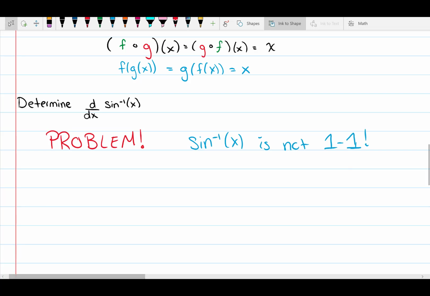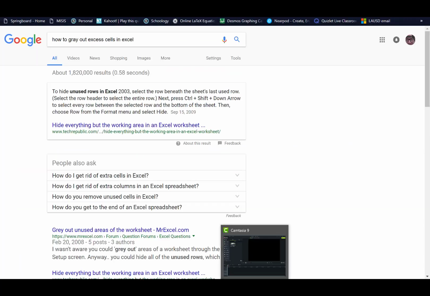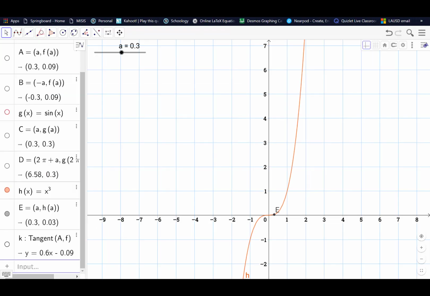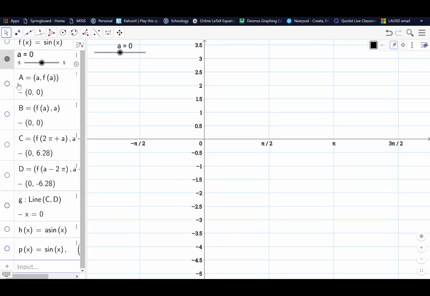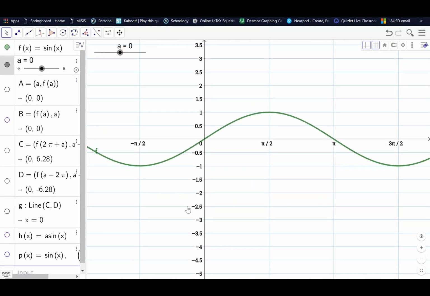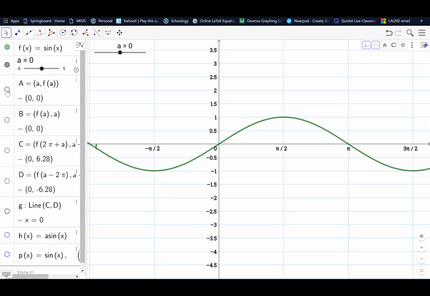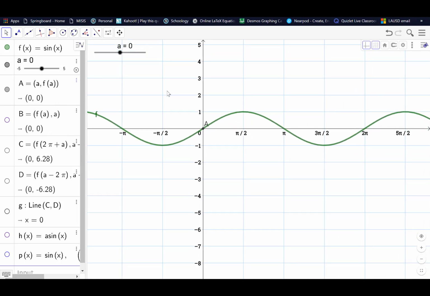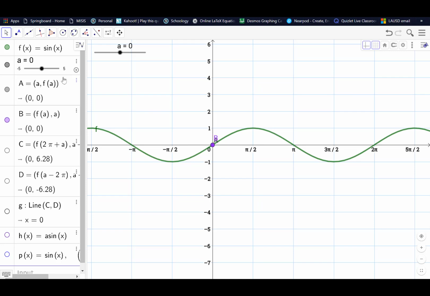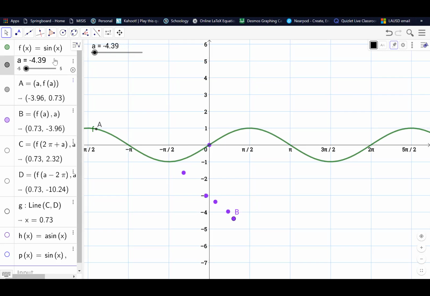So let's look at the graph of sine of x. Here's our old friendly sine of x. I'm going to put a point A of A on it, so as I move this, you can see it move. Now the reason that this does not have an inverse, and I'll show you, is if I graph the inverse and play this, you can see that so far we're good, but right now we're no longer a function.